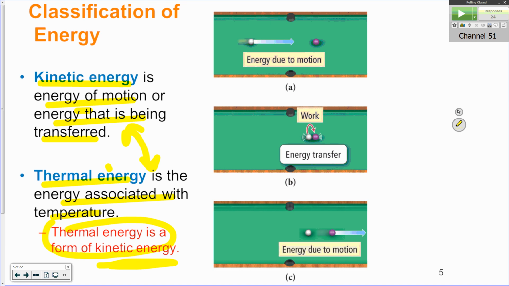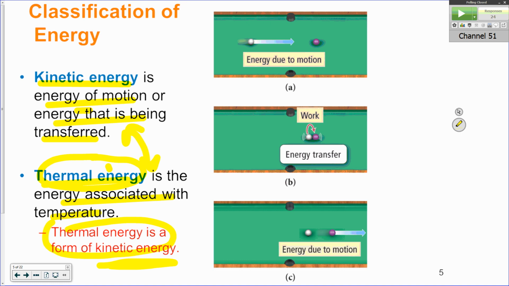If I reduce the motion of a molecule, what's happening to the temperature? It's dropping. It's going colder and colder and colder. Its thermal energy is going down just as well. So if I slow something down, as I drop the temperature, its thermal energy is decreasing with that.